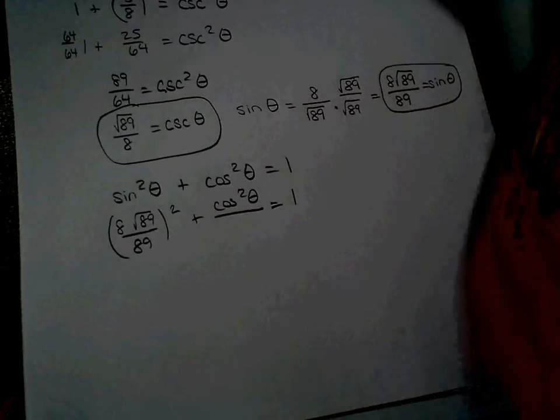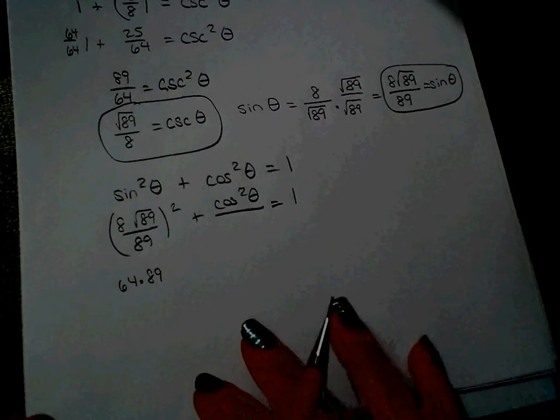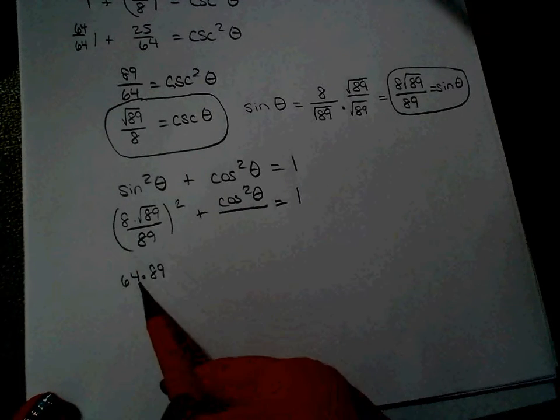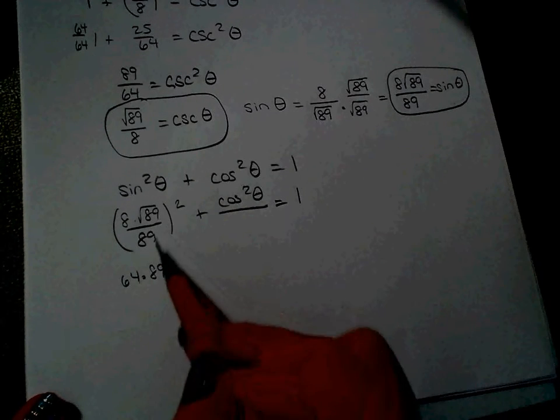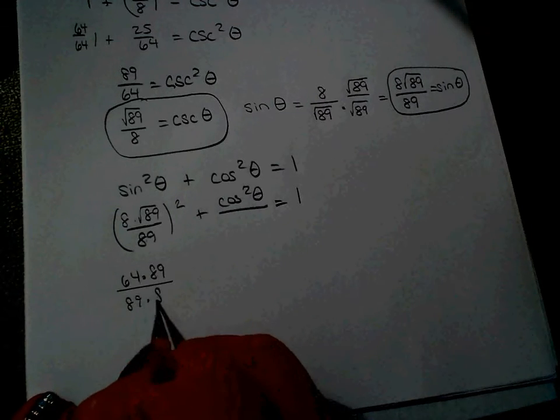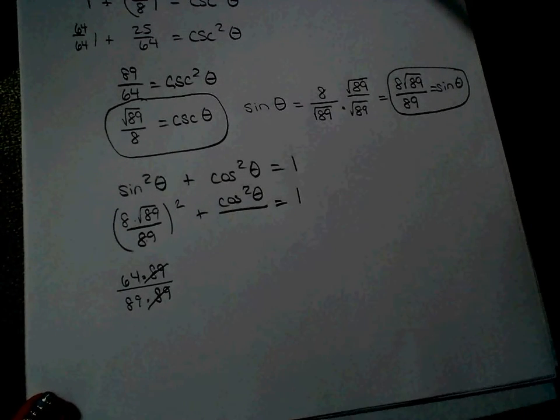I'm going to square the square root of 89, which is 89. Now, y'all, I'm taking a shortcut. I don't feel like doing all the math. 8 squared is 64. The square root of 89 times the square root of 89 is 89. On the bottom, I have 89 squared. Why work it out when you know an 89 is going to cancel?